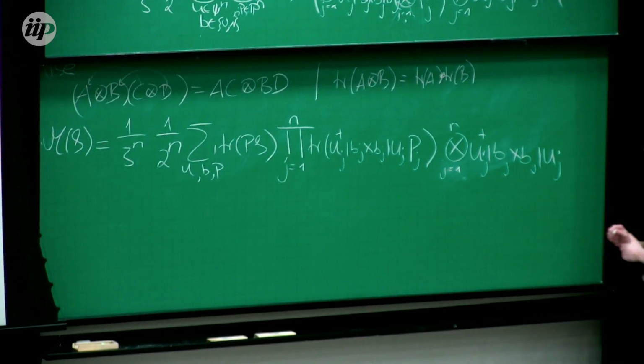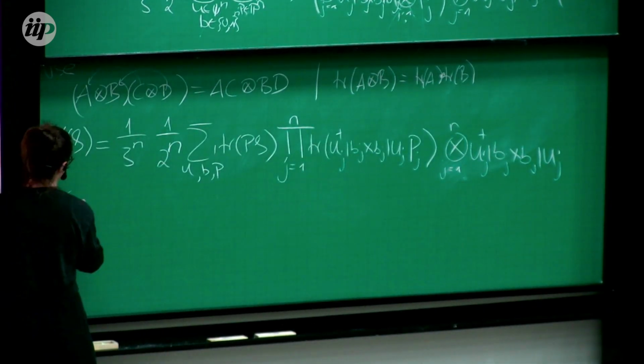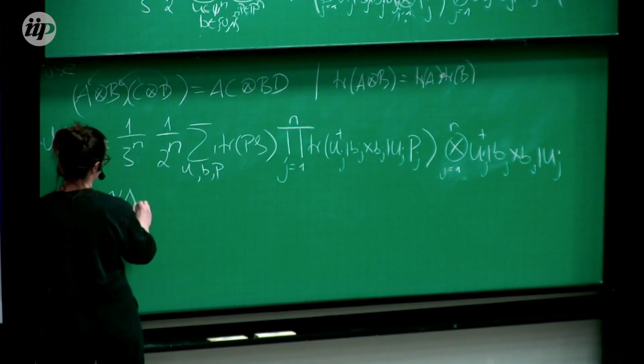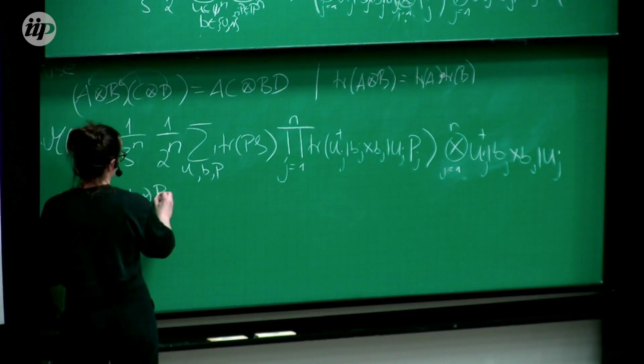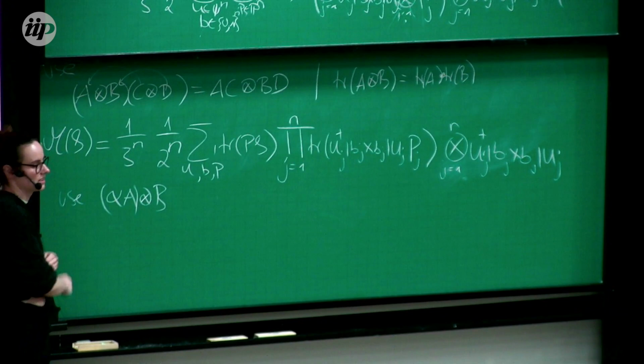That still looks complicated, but we can use something else. Namely, for each scalar alpha, we can just swap around the scalar in our tensor product, and it does not matter.